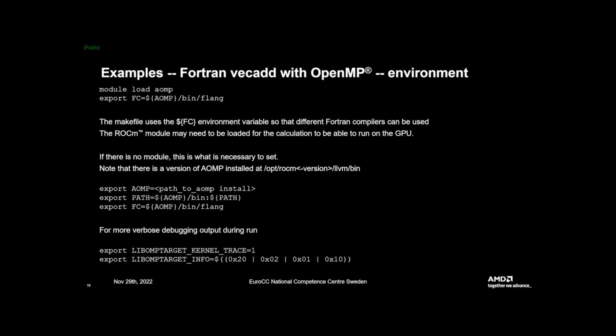I do recommend, like Jose did earlier, that you try turning on some of these debugging flags when you're first experimenting with things, so you can make sure it's running on the GPU and find out what kind of problems you have. Here are two different ways to set flags to get more debugging output.